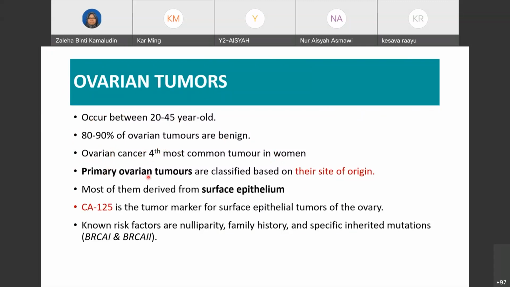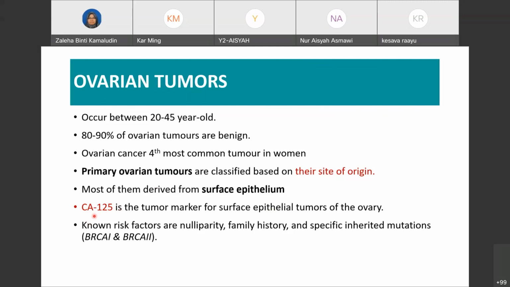For the primary tumor, it is classified based on their site of origin. And for the secondary tumor, usually it is metastasis, all right? In comparison, most of the primary ovarian tumors are derived from the surface epithelium. A little bit you need to know regarding the tumor marker: CA125 is a tumor marker that we use to detect the surface epithelial tumor, but actually this tumor marker is not specific.